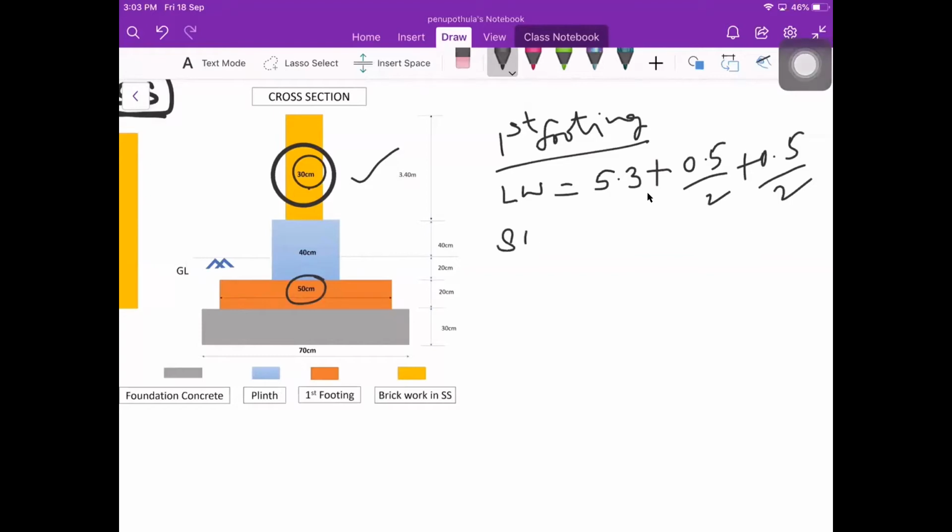Next, short wall: 4.3 minus 0.5 by 2 minus 0.5 by 2. Simple. This is for the first footing.